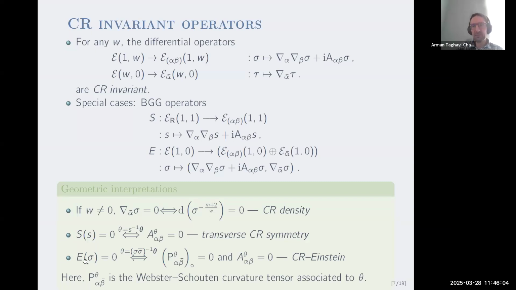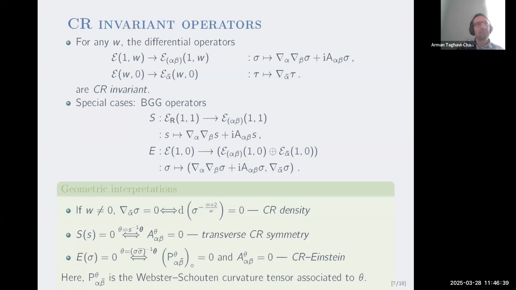And the other operator, which I denote by E: elements of the kernel of this operator will give me a CR analog of the Einstein equations, which I call CR Einstein. I will skip a lot of details here. The idea is that there is a Schouten tensor, or trace adjusted Ricci tensor, associated to the Webster connection.